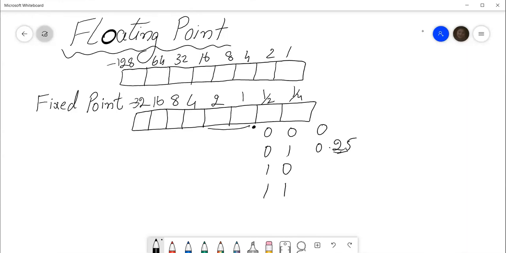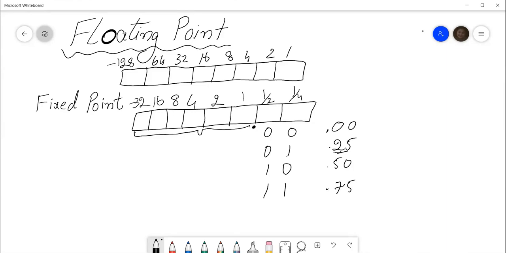You can understand what we can show over here. So the fractions are 0, 0.25, 0.50, and 0.75.